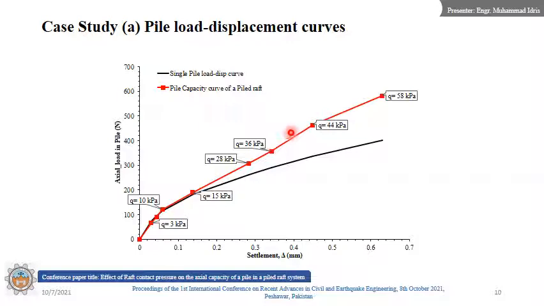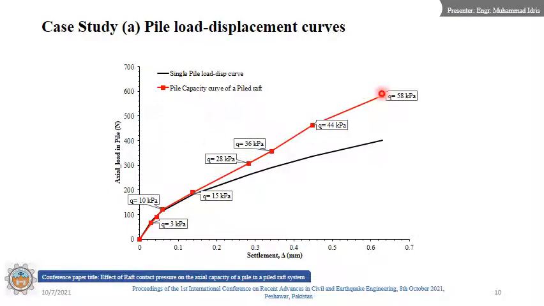the load displacement curves are plotted here. As you can see here, the load capacity of the pile increases as the surface pressure increases. For the single pile, at this displacement, about 400 Newton load is taken by the single pile.